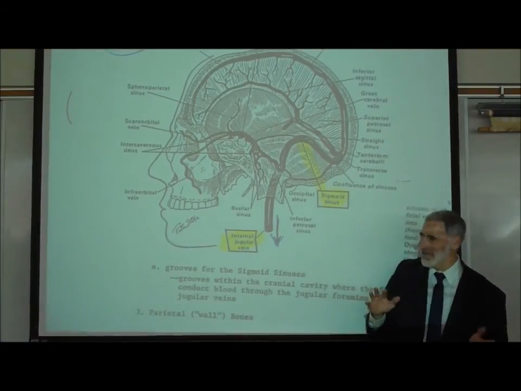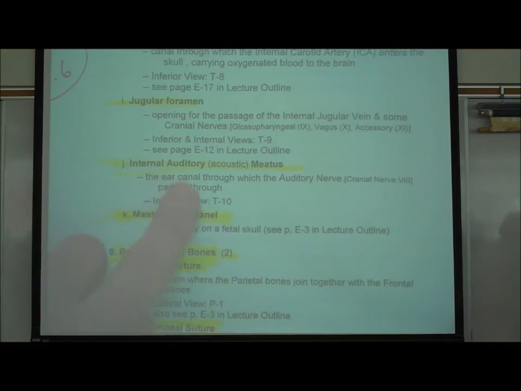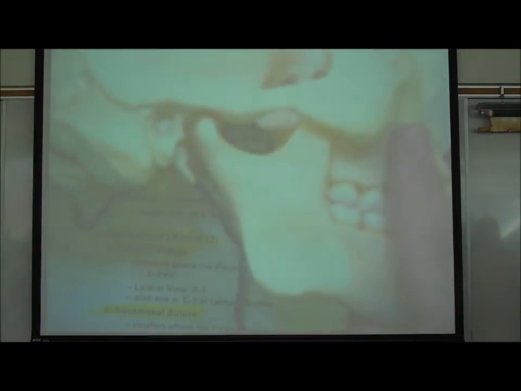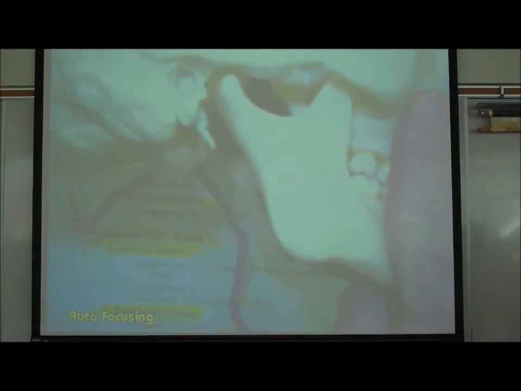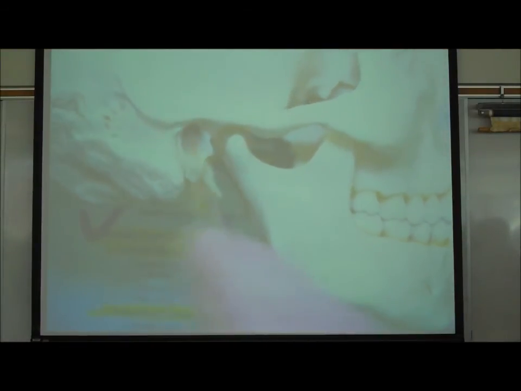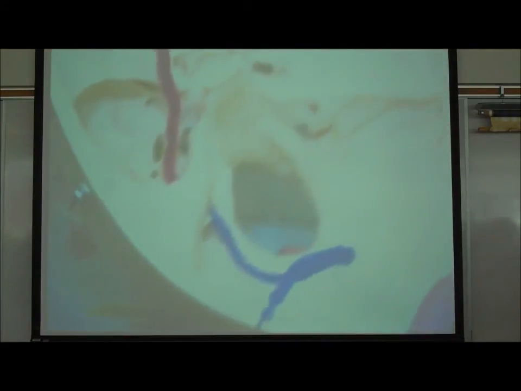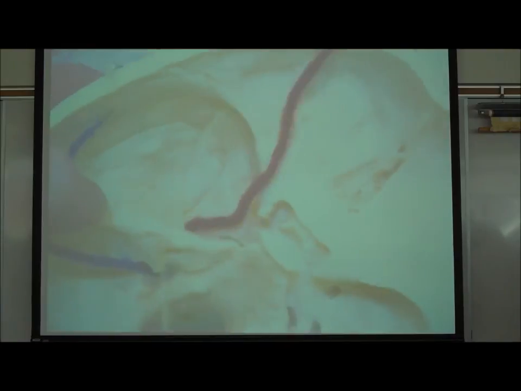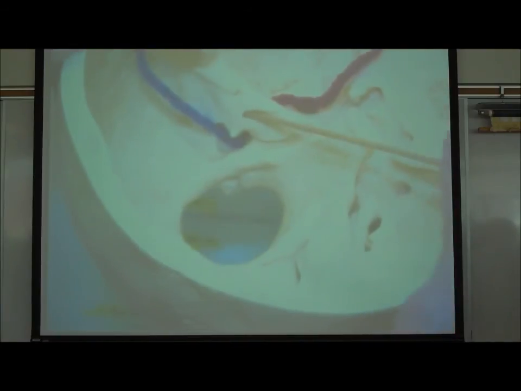I haven't really psychoanalyzed all the vampires, but the internal auditory meatus. Where is the internal auditory meatus? Now look, we know that this is the external auditory meatus, right? This opening, this canal on the outside. So there must be some sort of opening or canal on the inside of the skull. On the inside of the skull, the internal auditory meatus is right here.